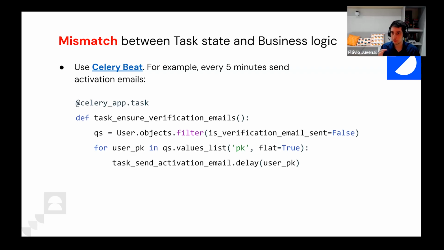If we do that, the worst thing that can happen is someone getting more than one email, right? But if you do it the right way, only setting is verification email sent to true after everything is done with the email sending, you'll have something that will automatically requeue any tasks that have been lost.